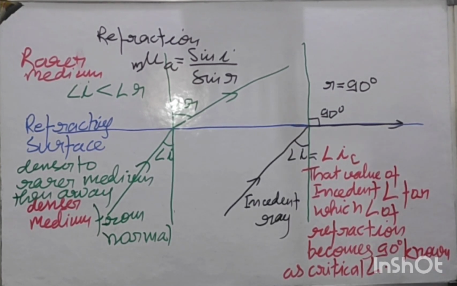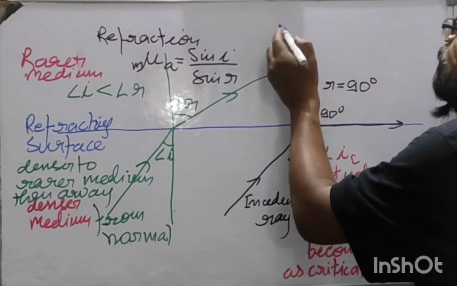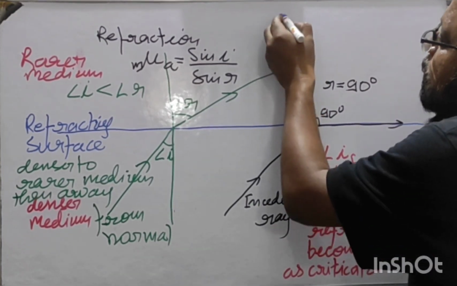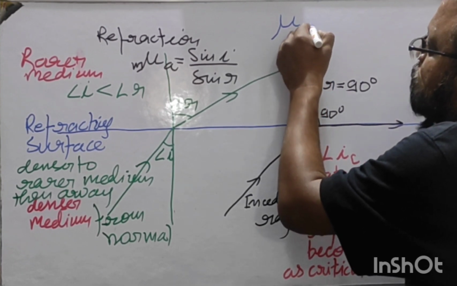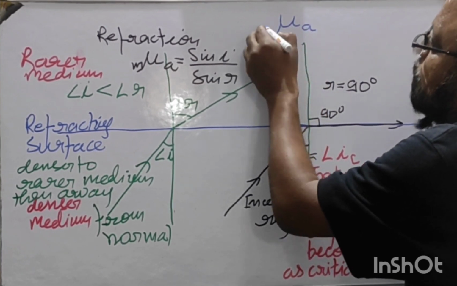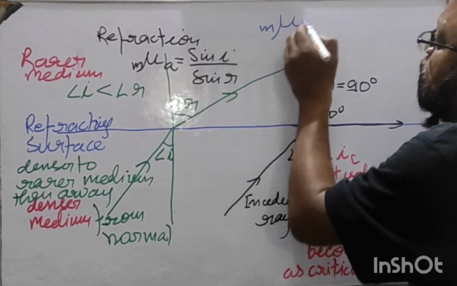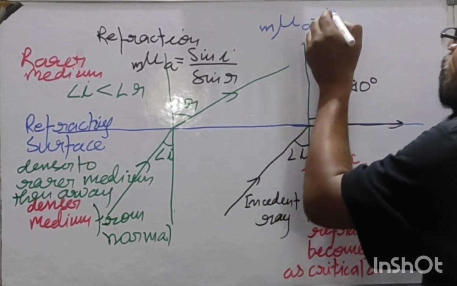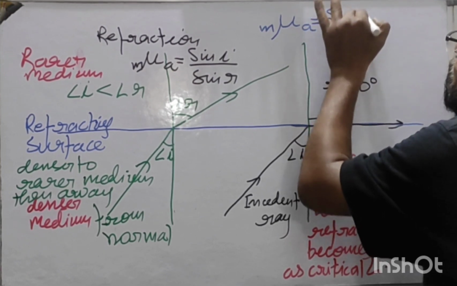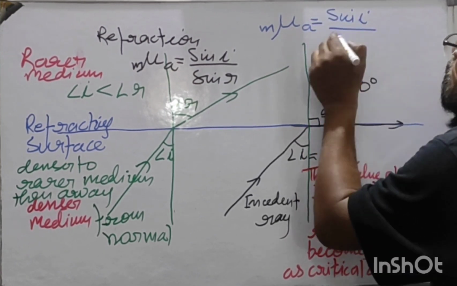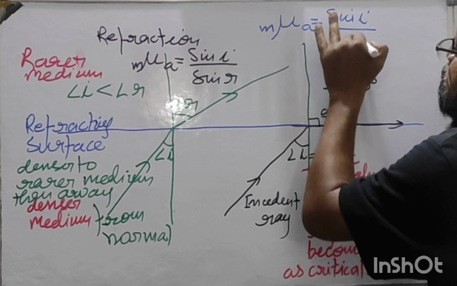Very nice. Now refractive index of air with reference to medium is equal to sin I upon sin R, right?